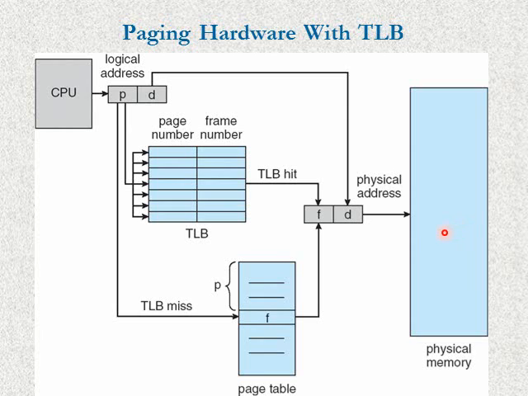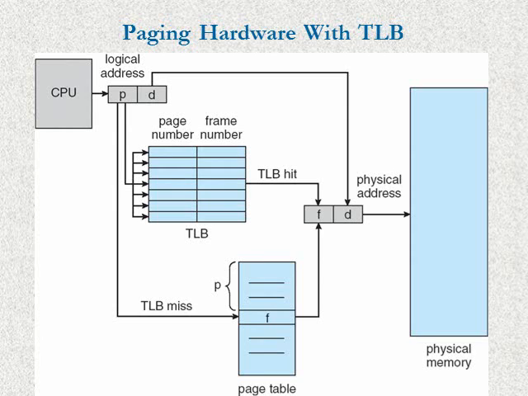It means that in a case of TLB miss, we have to take 1 second, 10 seconds, and 10 seconds, meaning 21 seconds. An additional overhead of 1 second that we have to face if the number is not present on this TLB.